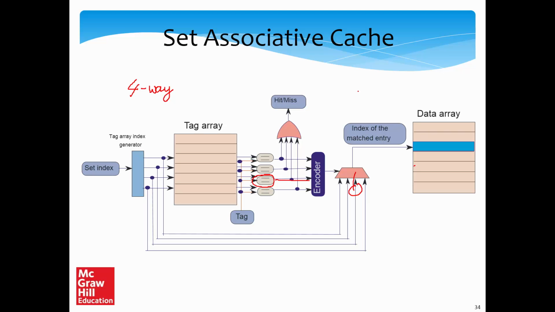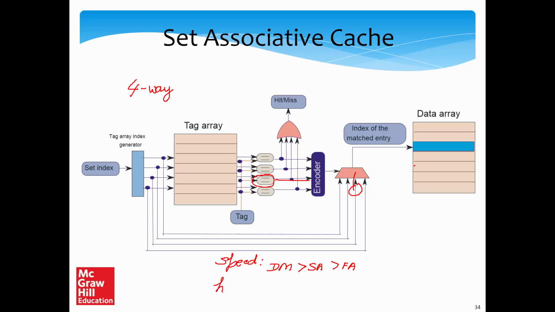The advantage of this design is that it is somewhere in between a fully associative cache and a direct mapped cache. If you consider speed of operation, then clearly a direct mapped cache is the fastest, followed by a set associative cache, followed by a fully associative cache.